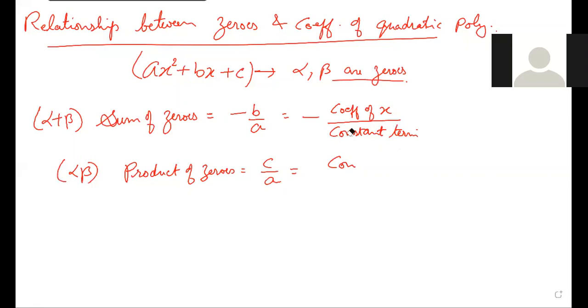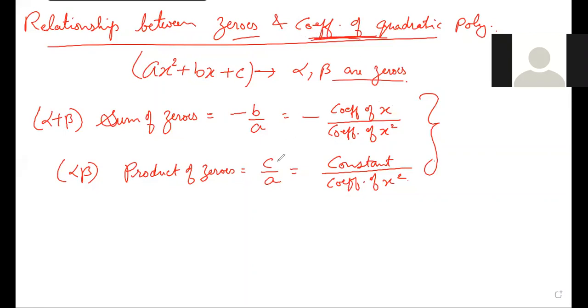A is the coefficient of x squared. So c is the constant and a is the coefficient of x squared. So this is the relation between the zeros and the coefficients.